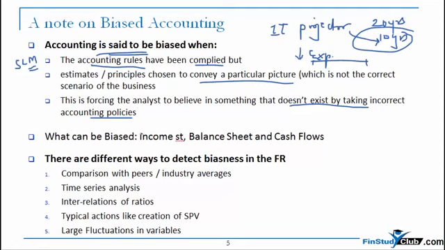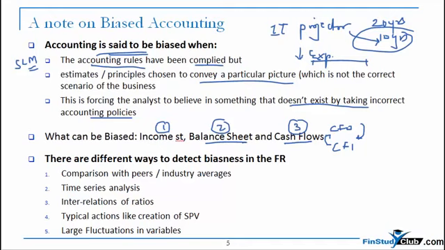The answer is, it can be spread over the income statement, the balance sheet, and the cash flow statement. Your income statement could be biased, your balance sheet could be biased, between the operating versus non-operating assets, etc. You can still make some manipulations. And in cash flows, you can take something out of CFO and show it in CFI, vice versa, and all that stuff. So all the things can be biased or manipulated.